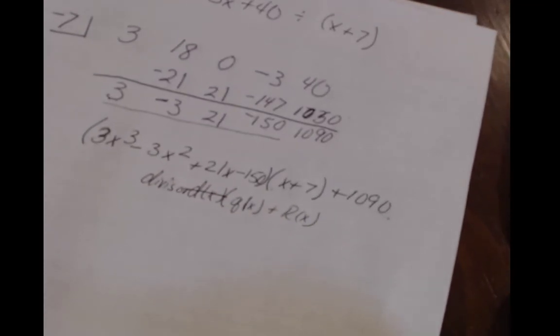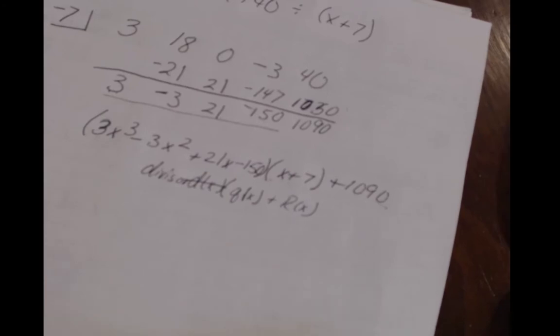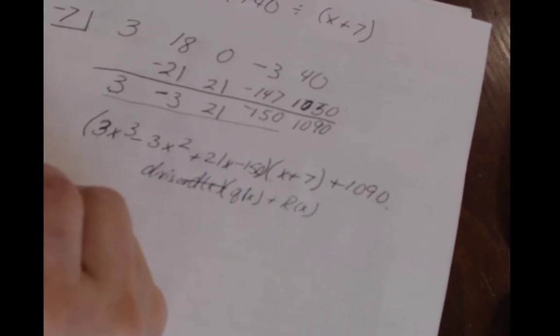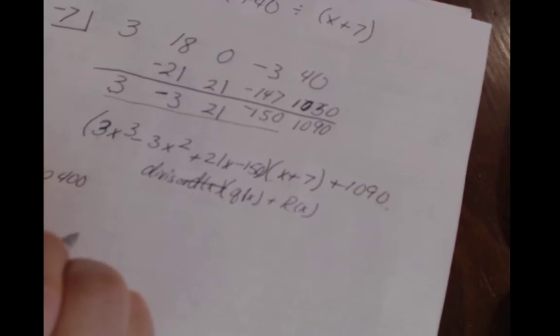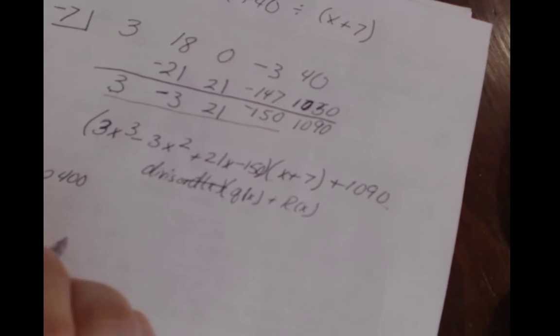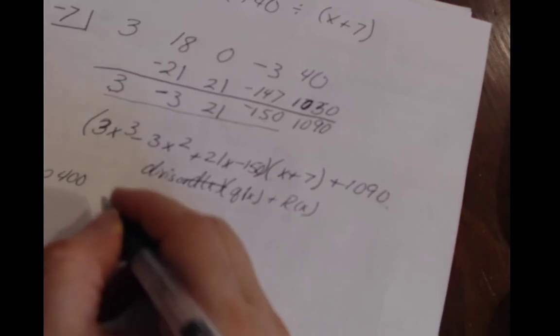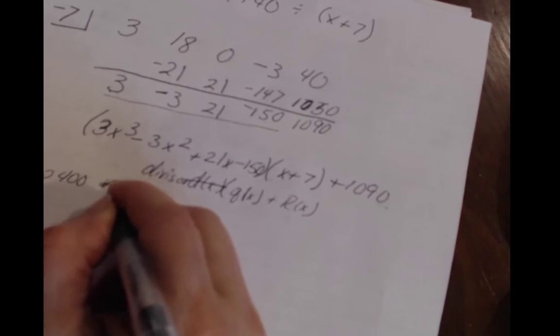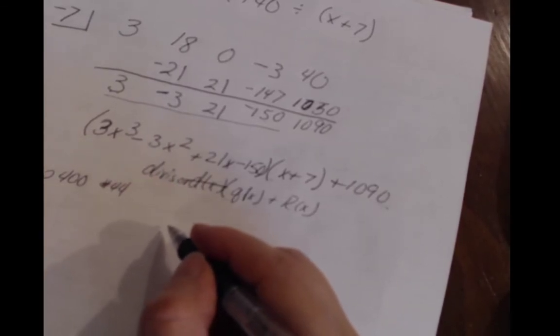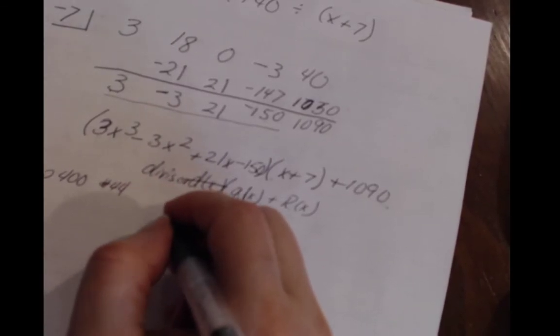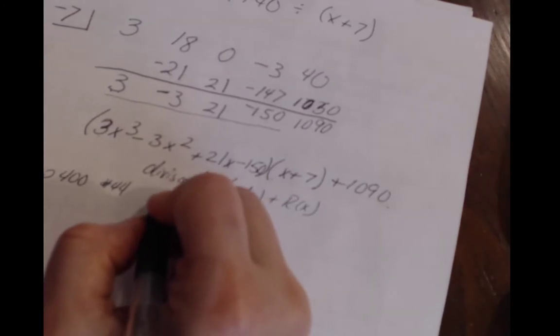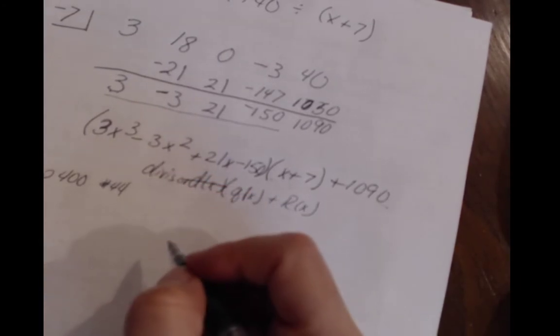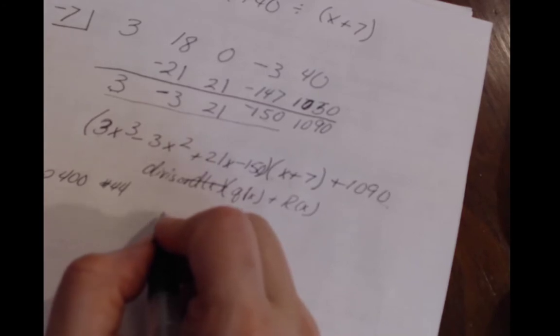Number 44, page 6, in the OpenStax books. This is on page 400. Number 44. The instructions say, by the way, OpenStax is a free online college algebra book, algebra and trigonometry.